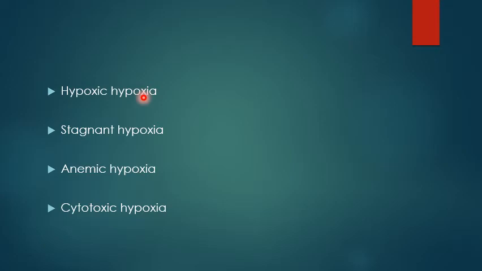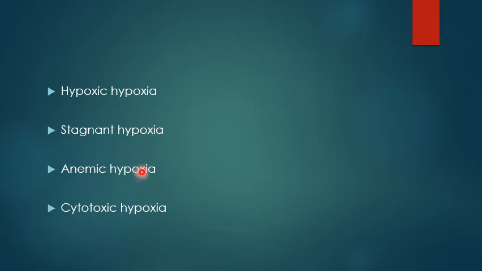So there is just a 2 ml per 100 ml decrease in oxygen content, but that itself is enough to cause a gross cellular hypoxia ultimately. You can interpret that in stagnant hypoxia, instead of 5 liters, the cardiac output becomes 4 liters, then there is a 20% fall in oxygen delivery.